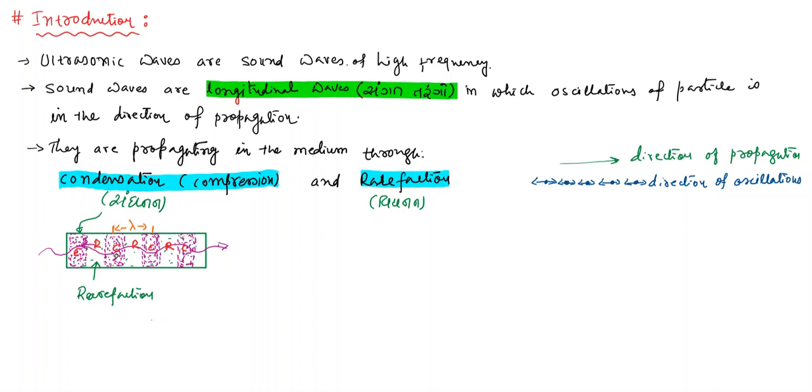So condensation, rarefaction, and so on, up to the time the sound wave is propagating. Once the wave passes, the particles are again distributed randomly in that region. So this is how sound waves propagate in the medium.